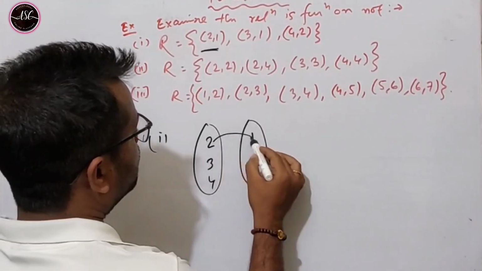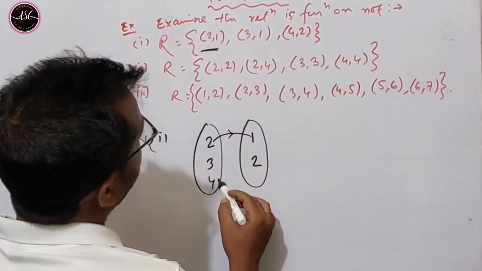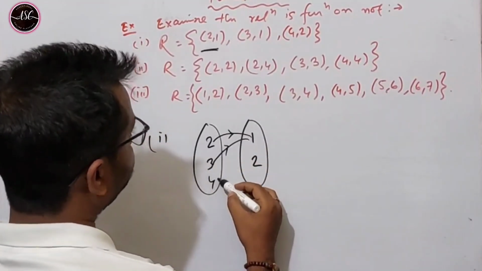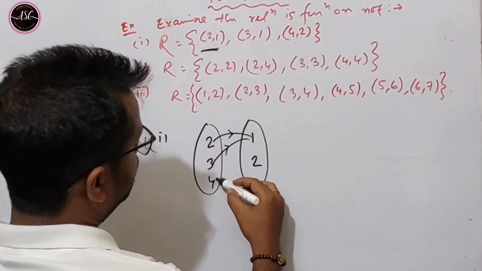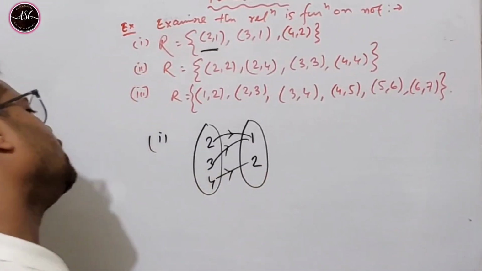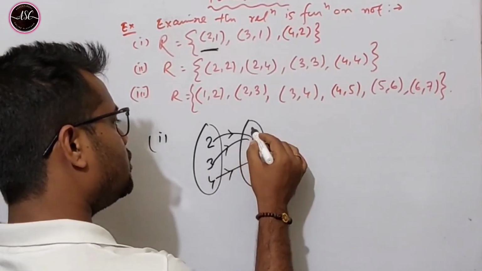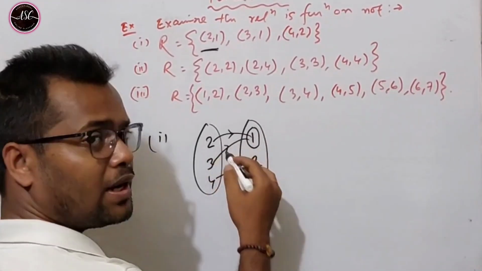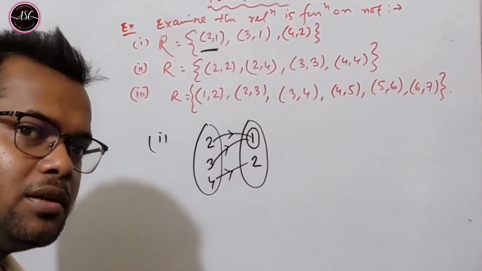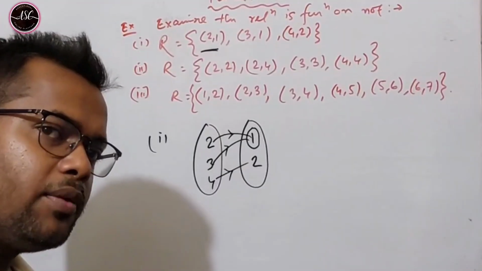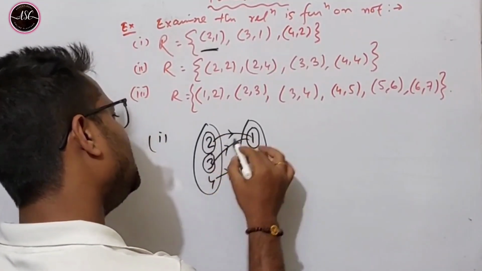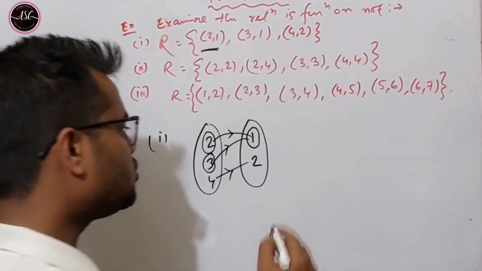So from 2 to 1 and 3 to 1 and 4 to 2. Okay, so there is not only one image. Okay, so here the image of 2 and 3 is 1. So this is not a function.